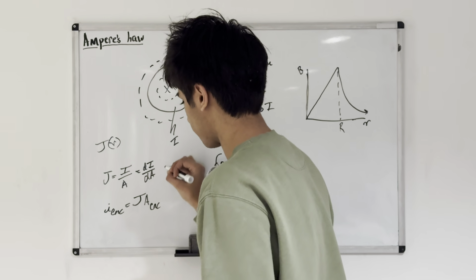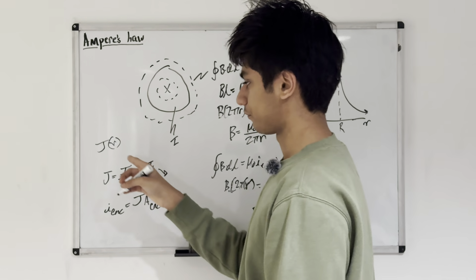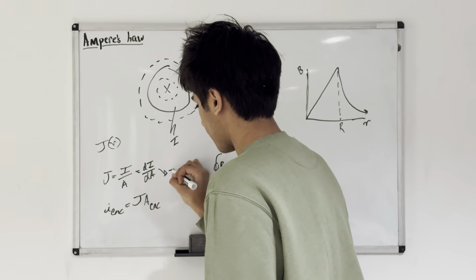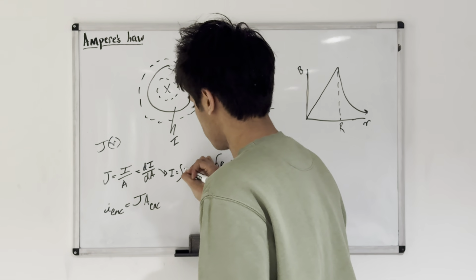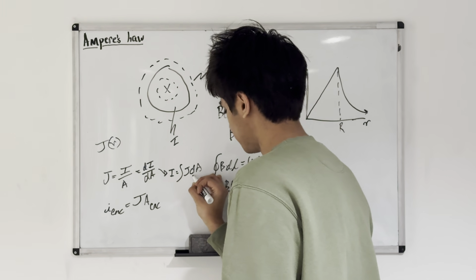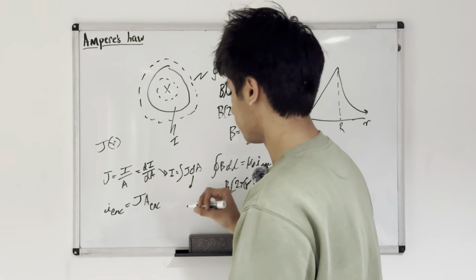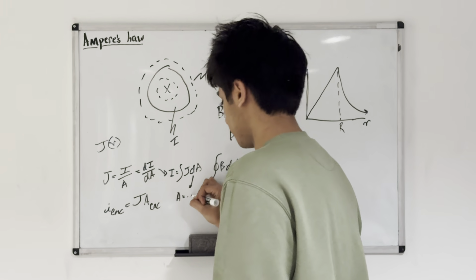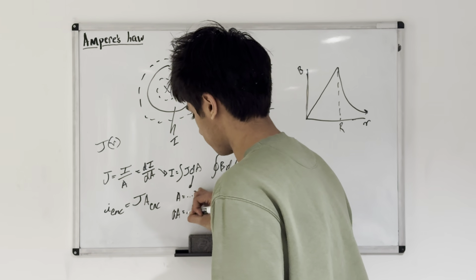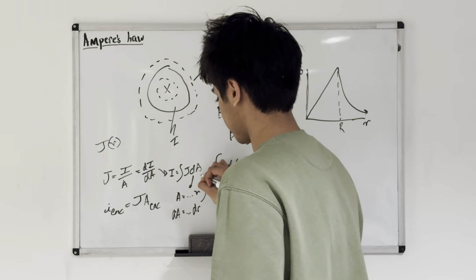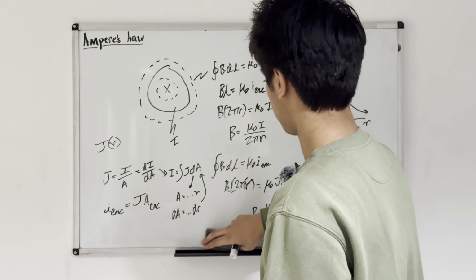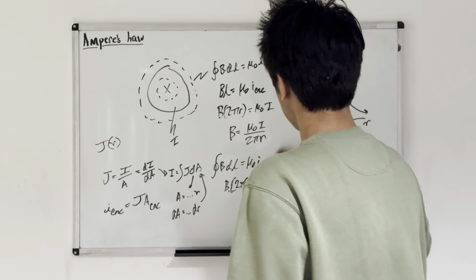If we want to find our I enclosed for a non-uniform current density, I is equal to the integral of J dA. And you likely have to change dA into dr. The way we do this is by saying A is equal to some function of r, and then dA is therefore equal to some function of dr, and then we can just plug that in and integrate. Okay, and that's the process for non-uniform charge or current density.